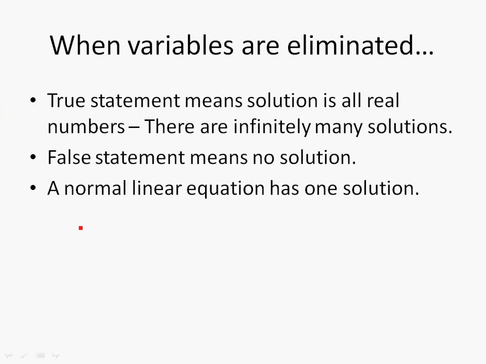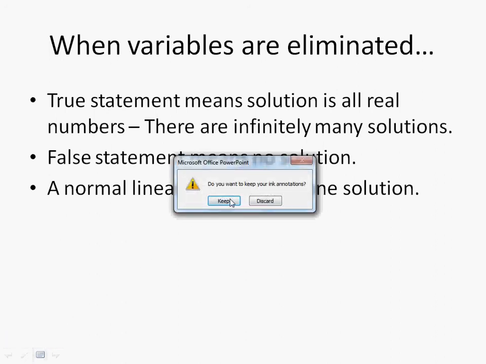So, you are now ready to finish practicing equations with variables on both sides. And now you should be able to solve any type of linear equation that I could possibly throw at you.